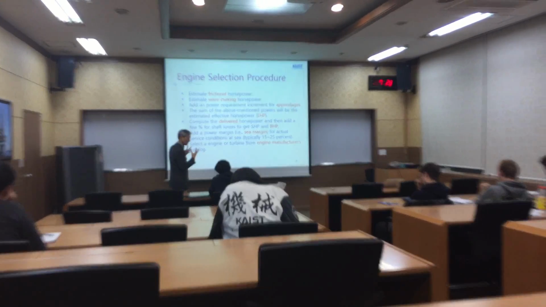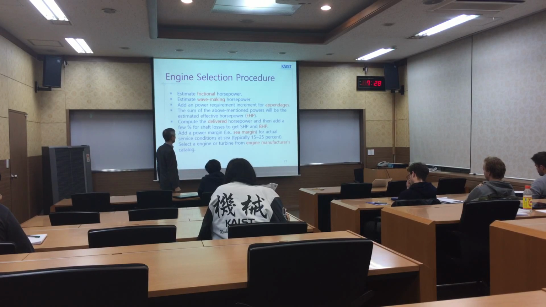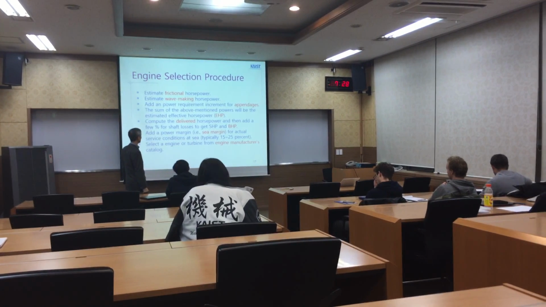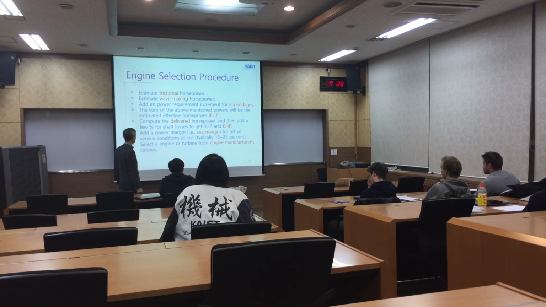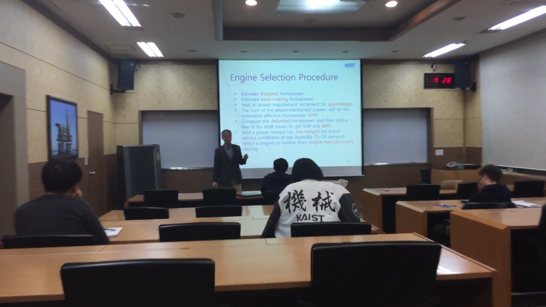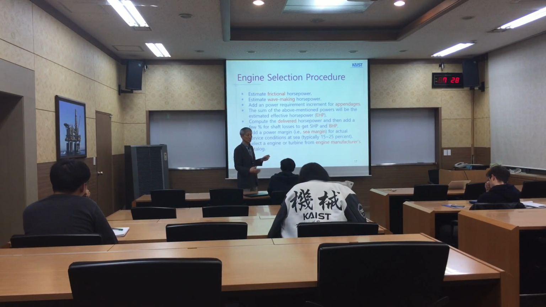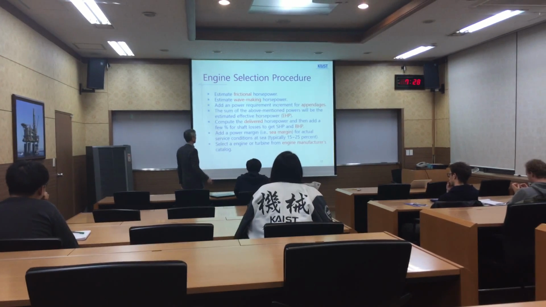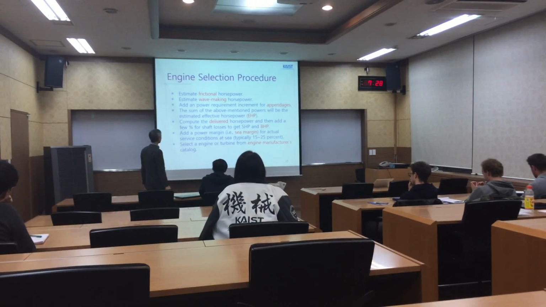Anyway, you need to somehow predict or estimate those two portions of resistance. And power requirements for appendages. Appendages can be, say, the rudder, or special fins such as stabilizer fins, or other things that add additional surface area.